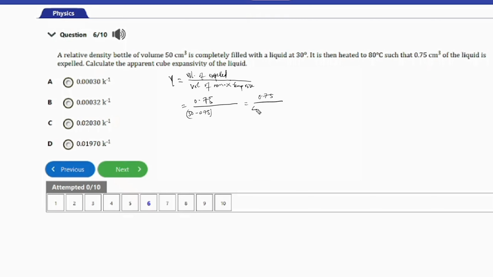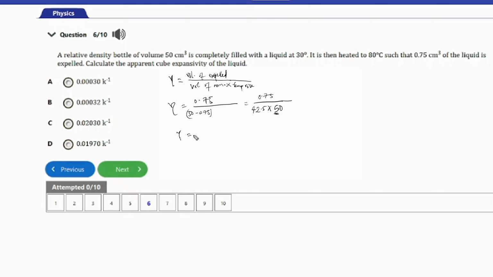So this will be multiplied by the temperature rise. The temperature actually increased from 30 degrees Celsius to 80 degrees Celsius. That's about 50 degrees Celsius temperature rise. So when we have this, we can now go ahead and solve: the volume of expelled liquid, which is 0.75, over 42.5 times 50.